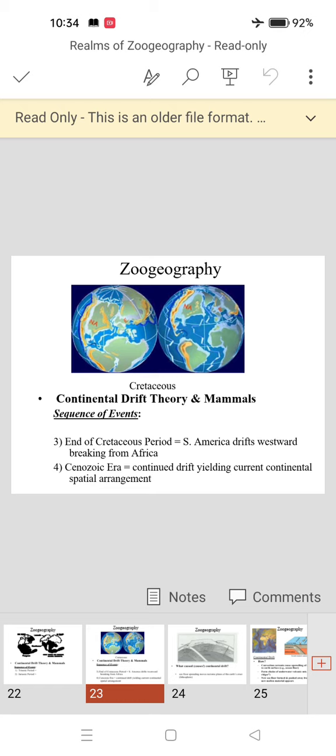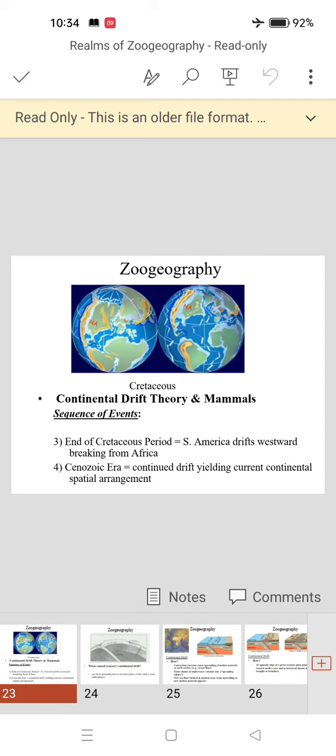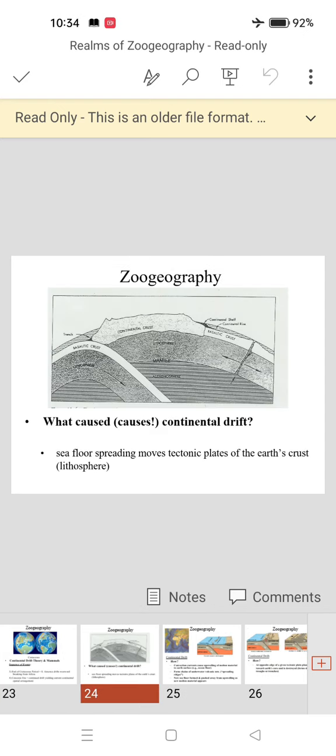At the end of the Cretaceous period, South America drifted westward, breaking from Africa, and in the Cenozoic the continued drift yielded the current continental arrangement.